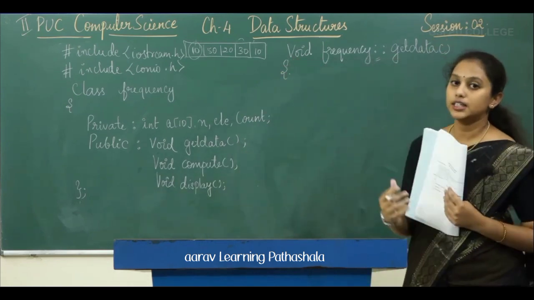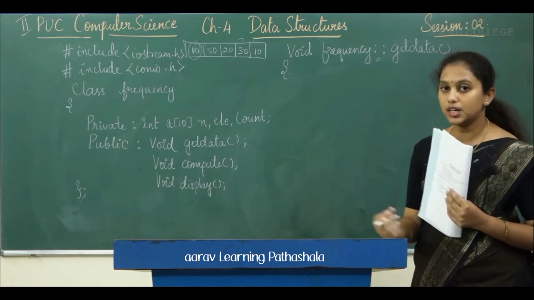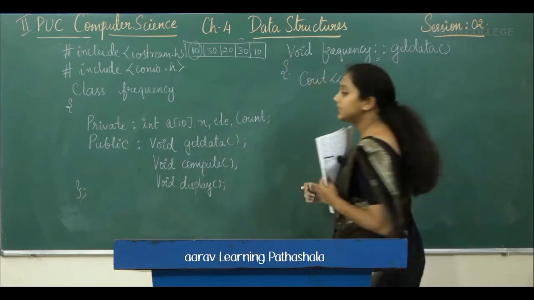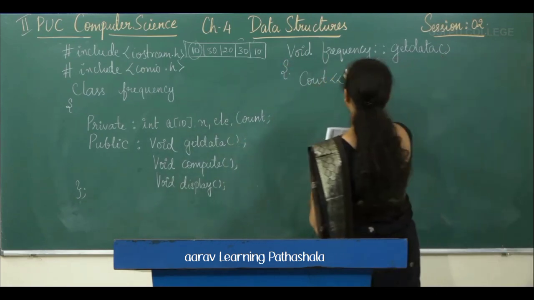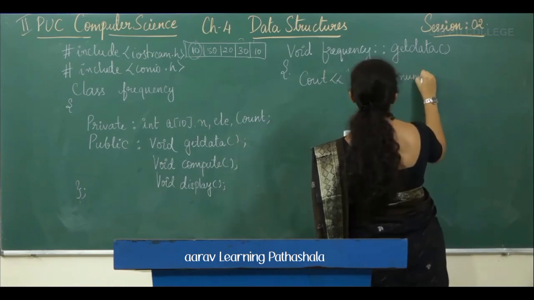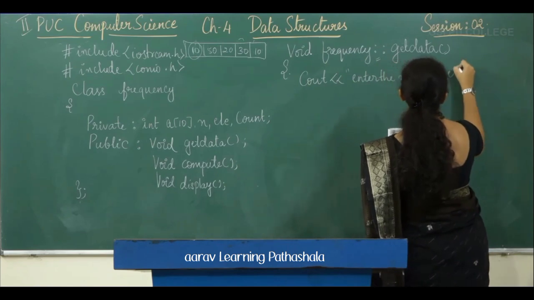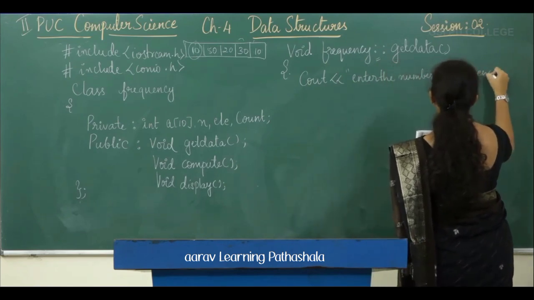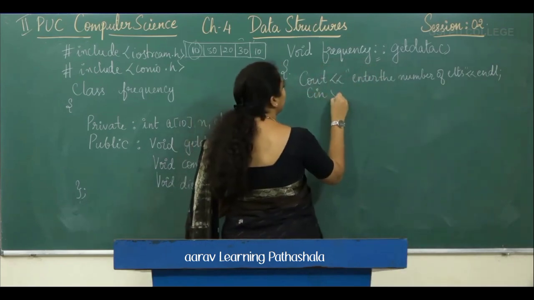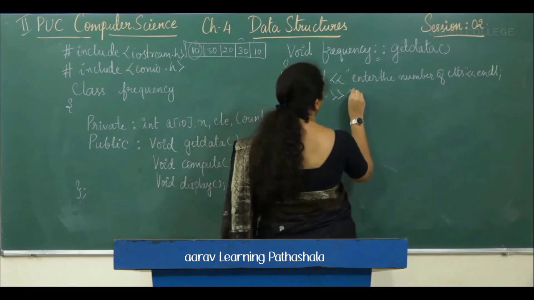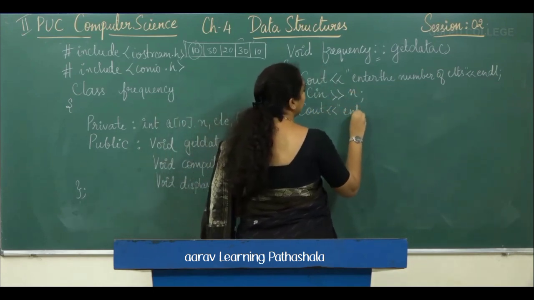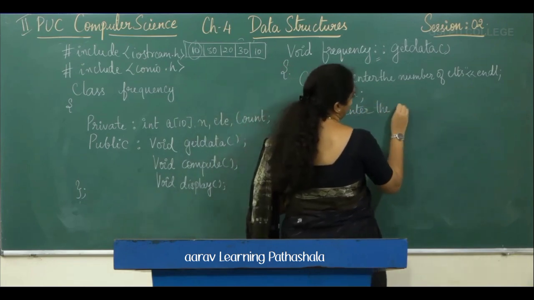Now what are all the things we have to accept from the user? First thing is we have to accept the number of elements in an array. cout: Enter the number of elements. Using cin, we are going to accept the value n. Next, cout: Enter the array elements.